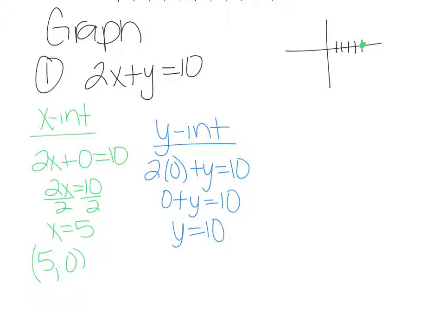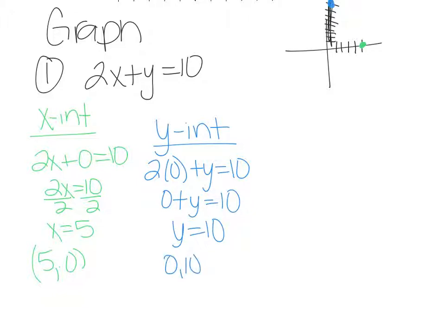So I find out that y equals 10. And what this means is that when my line crosses my y-axis, it does this at y equals 10. So it's going to be way up there. It's going to cross my y-axis at 10. If I wanted to write my y-intercept as a point, what would it be?